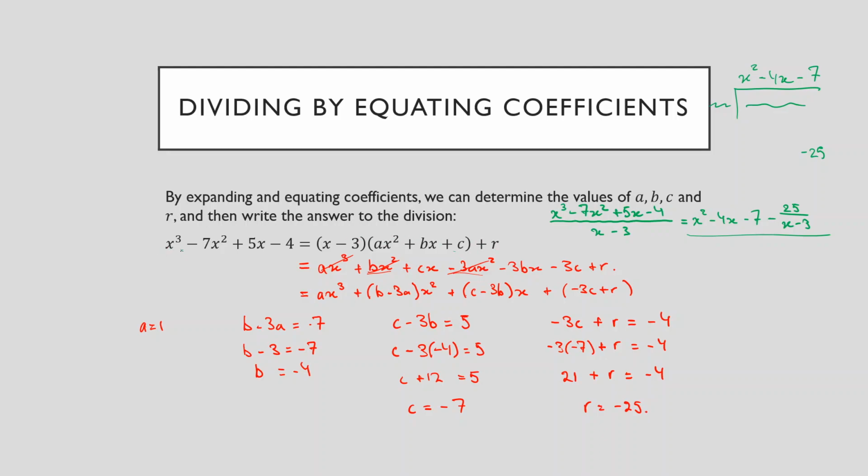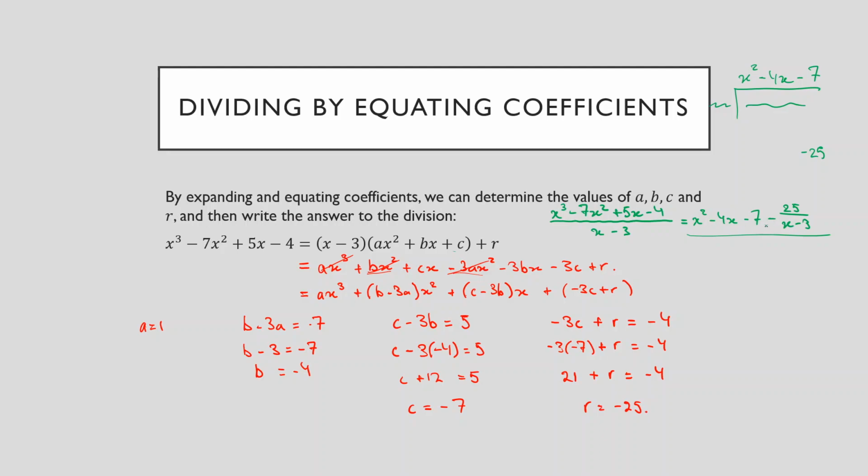We've said our original dividend, our original polynomial, is going to be equal to x minus 3 times our answer, plus a little bit of a remainder if there is one. And then we just equated coefficients. You can perform this long division yourself separately, and you should find that you'll get the same answer. Here we've just used a bit of a shortcut, knowing in advance that our answer will have this form.